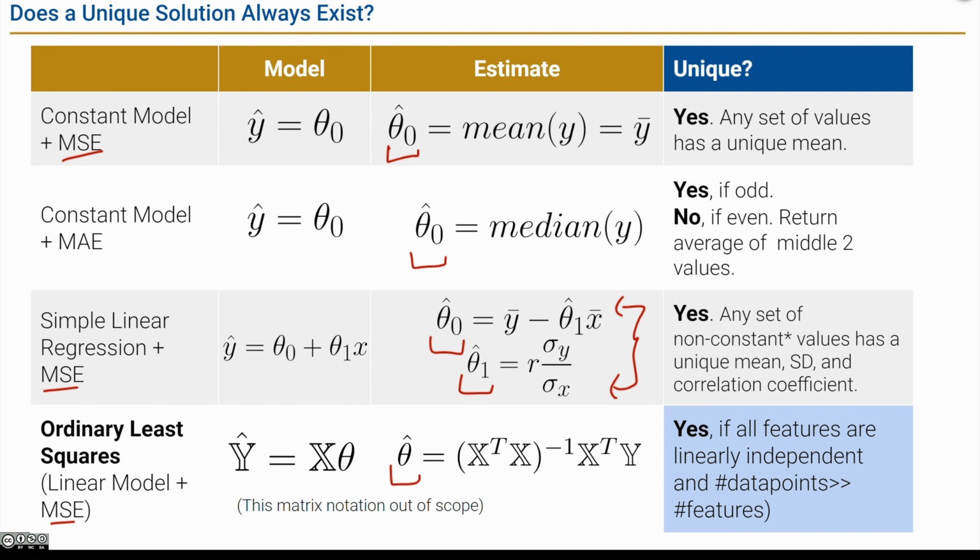And in our ordinary least squares case, I will have a unique solution if all of our features are what are called linearly independent, and if your number of data points is much greater than your number of features. And that's going to be very useful to have the ability to have a unique solution.